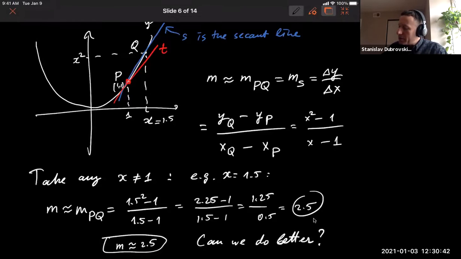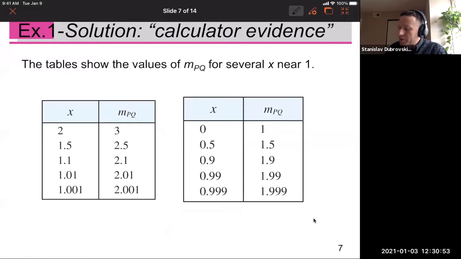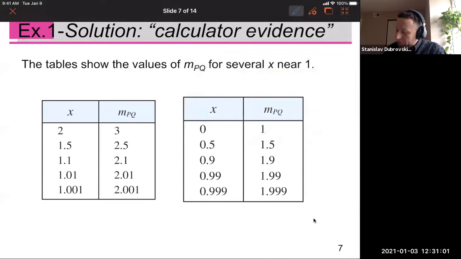Okay, so let's take a look at a few such calculations when we take x closer and closer to 1. This is a bunch of such calculations collected together in a table. So what is the trend that we're seeing here? The trend is that we're trying to get closer and closer to 1. So here we're doing it from above. X approaches 1 from the right.